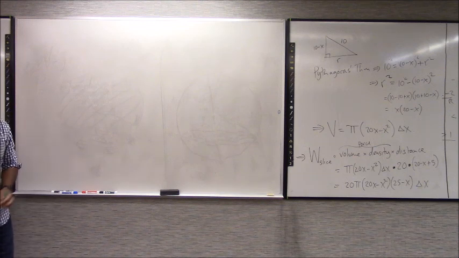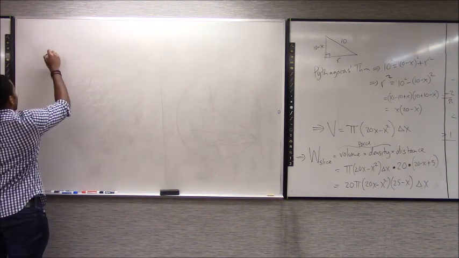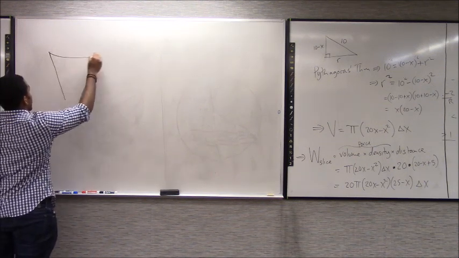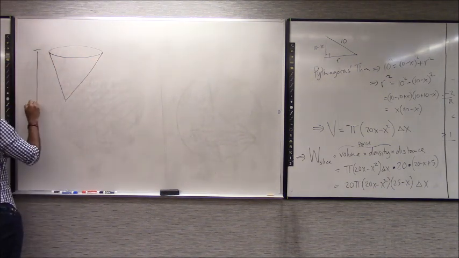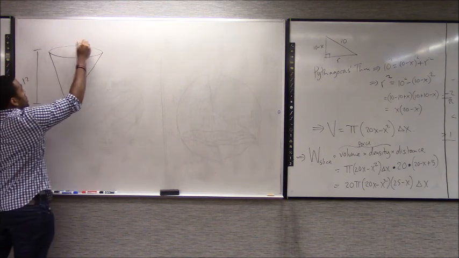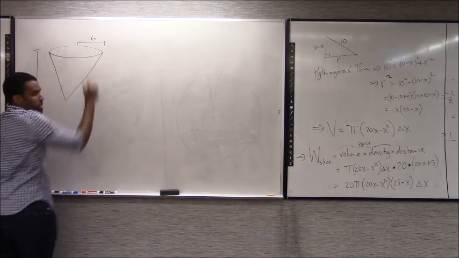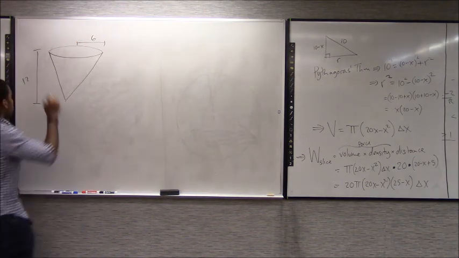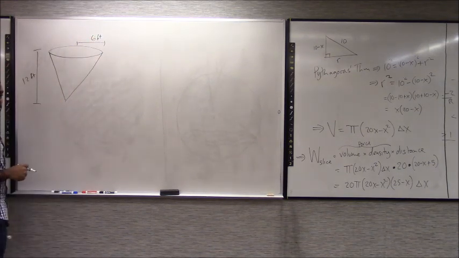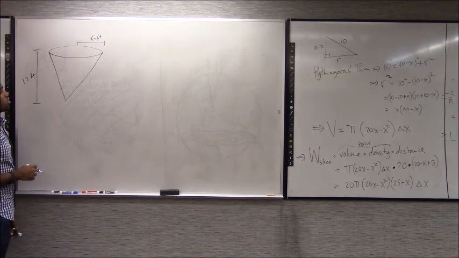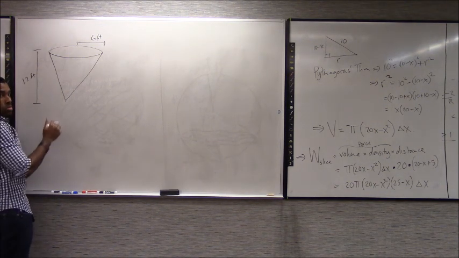You first draw. So I assume it looks like this. And they told us a height of 12 and a radius of 6. And this is in feet? Feet. Okay, what now? We drew a small section, like took a little sliver of it.